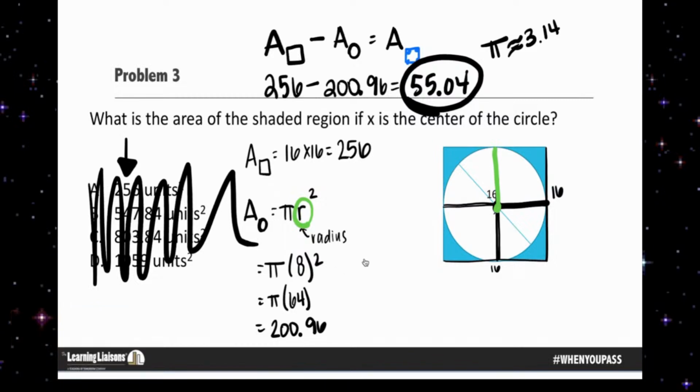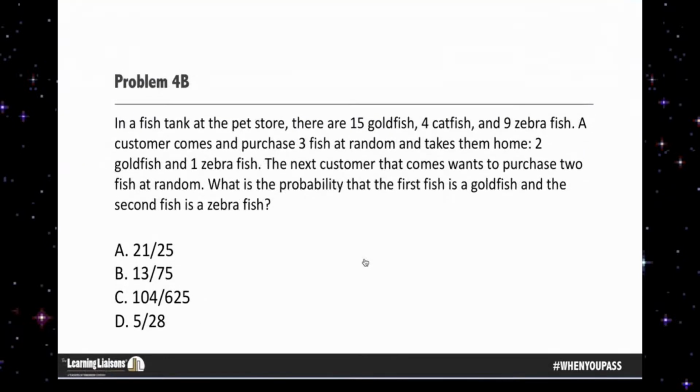All right, let's go ahead and read the next problem. Ooh, here's a problem for everybody. In a fish tank at the pet store, there are 15 goldfish, 4 catfish, and 9 zebrafish.